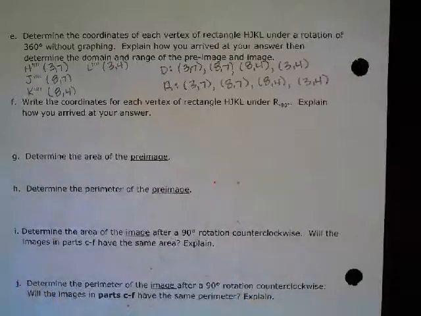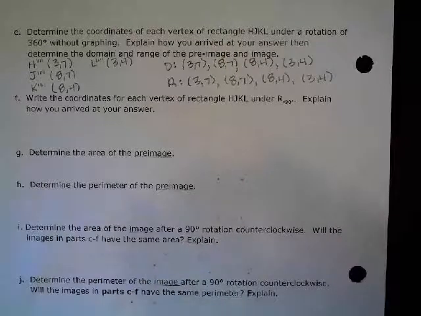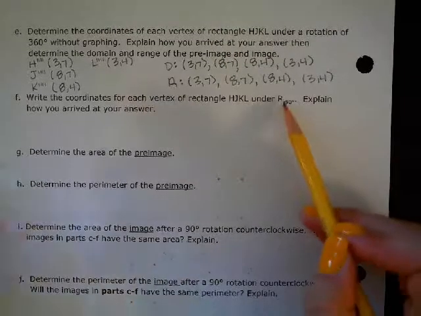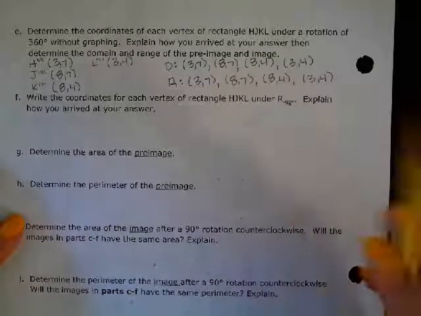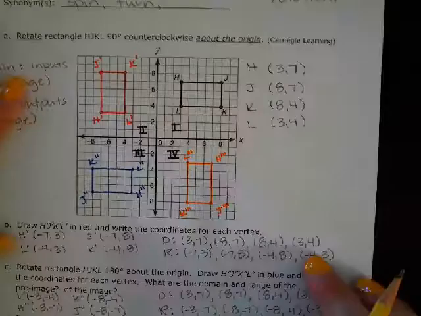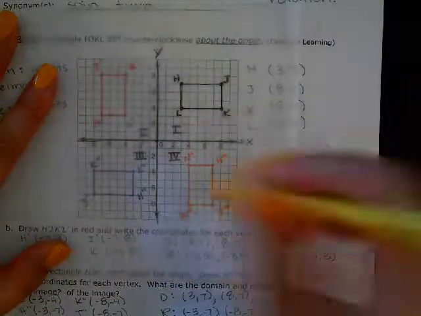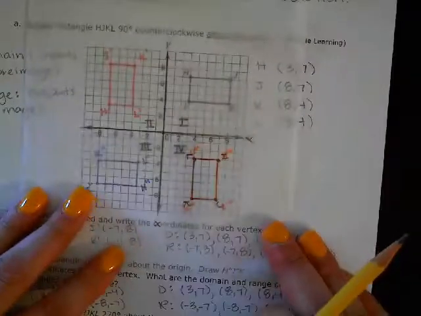Now, this says R -90 clockwise. Okay. So 90 degrees clockwise is the same as what? 270 counterclockwise.